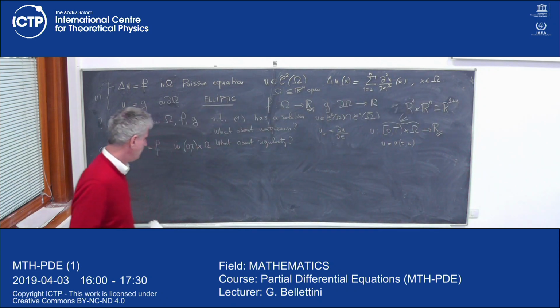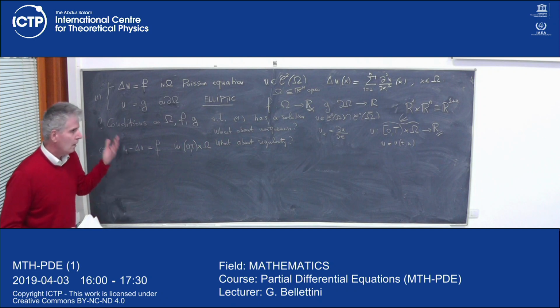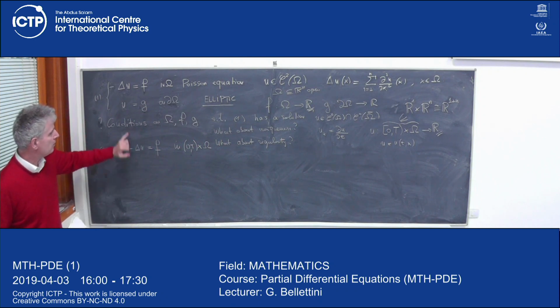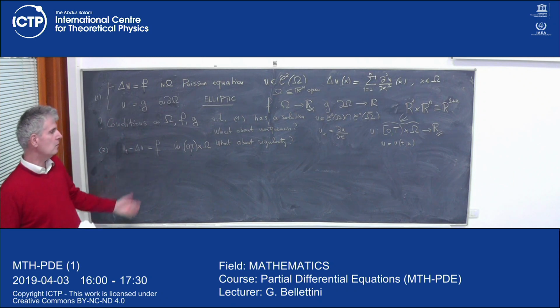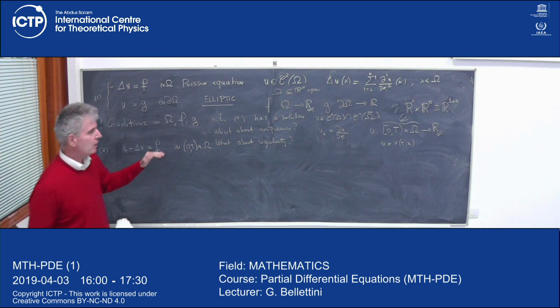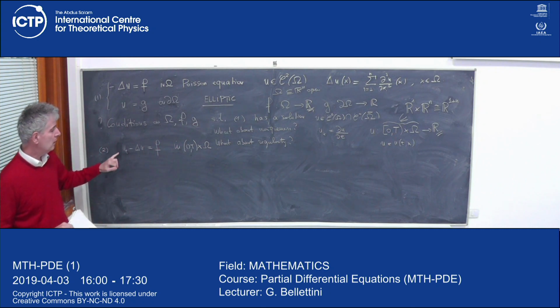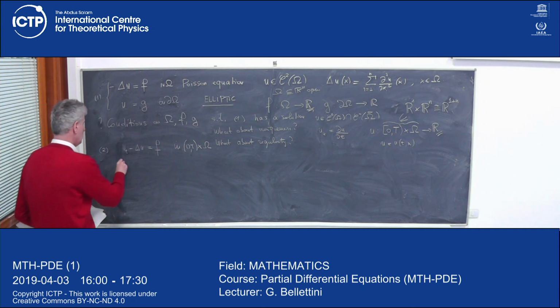And again, same kind of problems. So we have to couple this with suitable boundary conditions. In this case, the boundary conditions are not immediate.